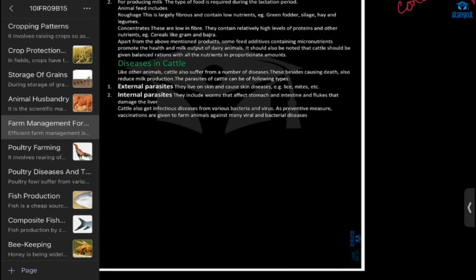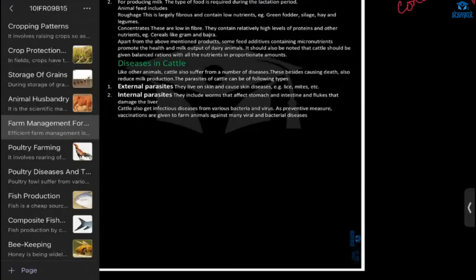Okay, there are two types of parasites. That is external parasites, the parasites which live on the skin, which is external. This will include lice and mites. And internal parasites.